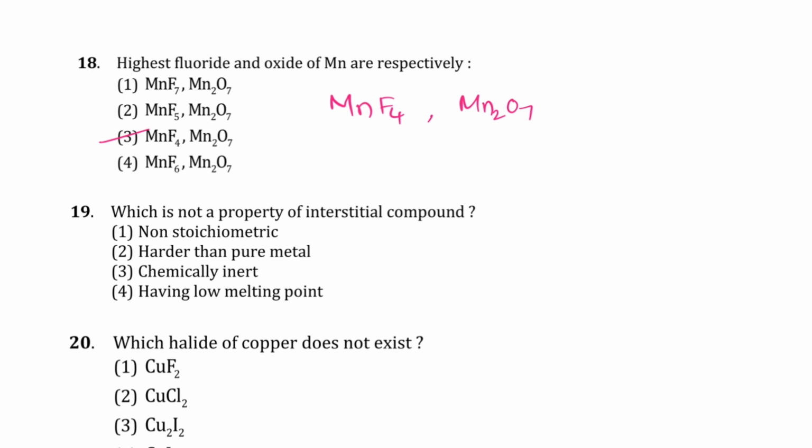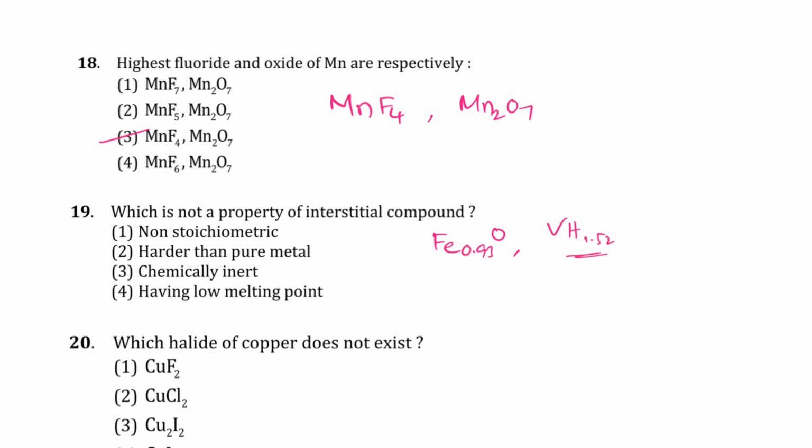Which is not a property of interstitial compounds? Generally, for interstitial compounds, one example I will write: Fe0.93O, and like this, vanadium hydride VH1.52, like this.